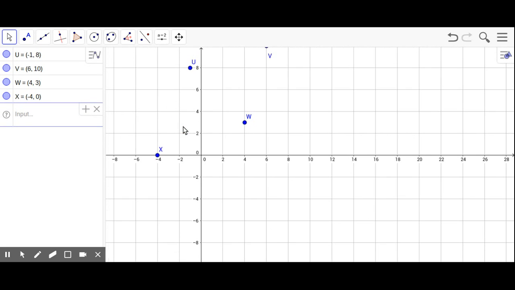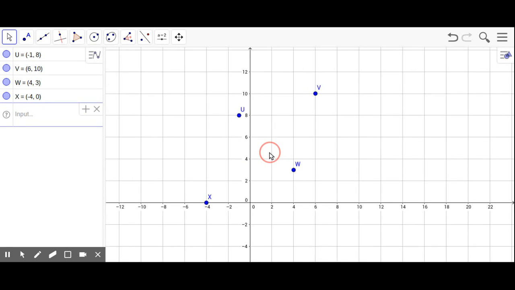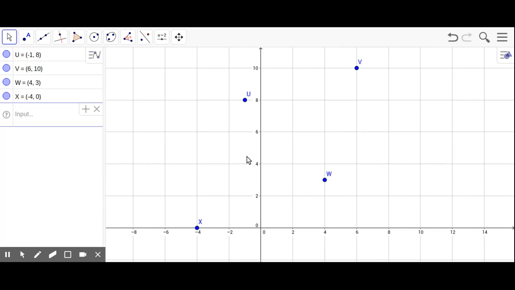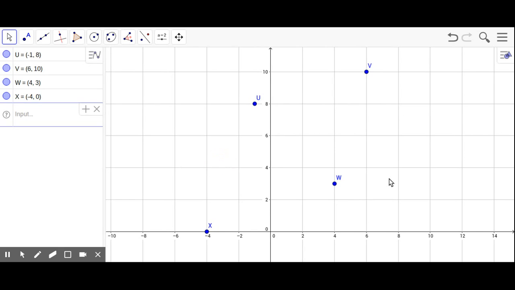Okay, so I'm going to zoom out, and it looks like I have maybe a rhombus, maybe a parallelogram, maybe a kite. Anyway, we're going to copy that screenshot, and we're going to put that in here.